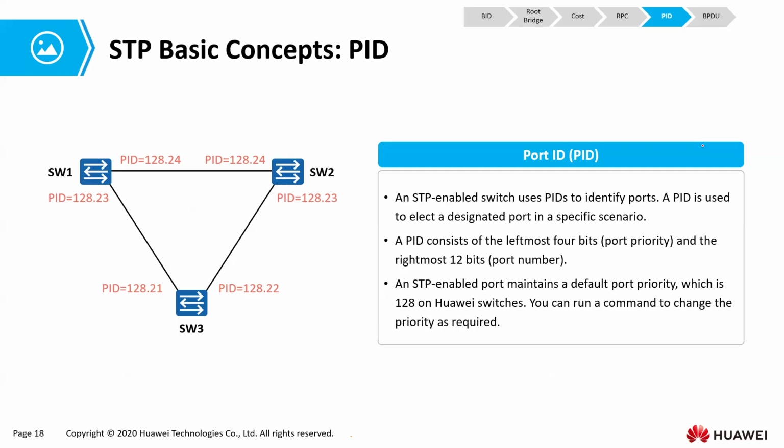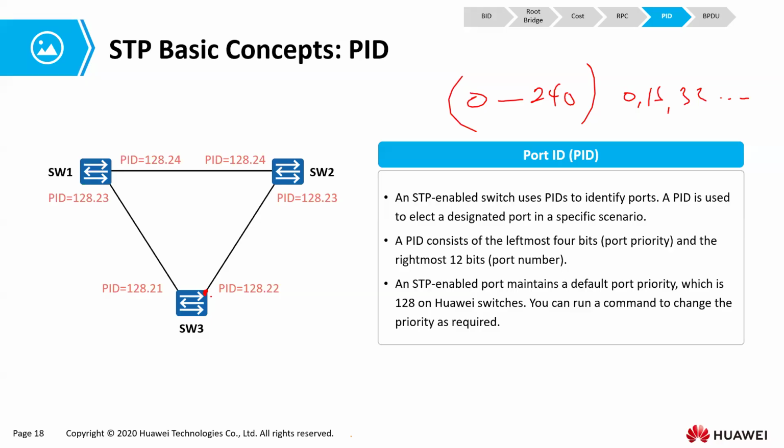The values range from 0 to 240, and the interval is 16. So you can have 0, 16, 32, and so on, multiples of 16. It identifies specific ports.